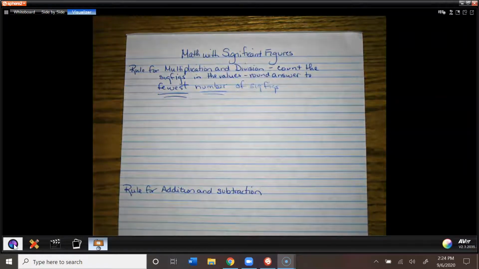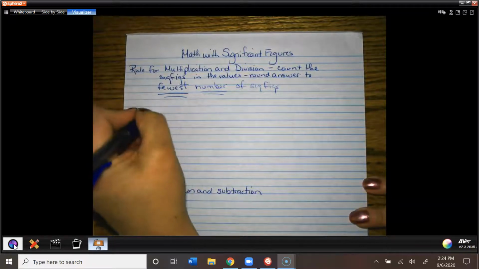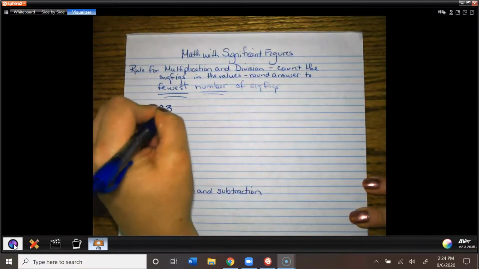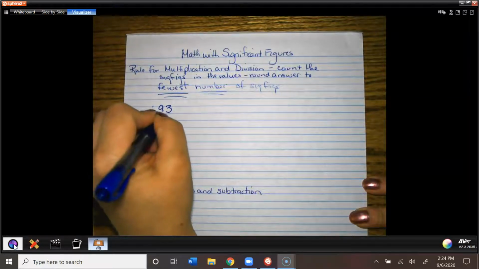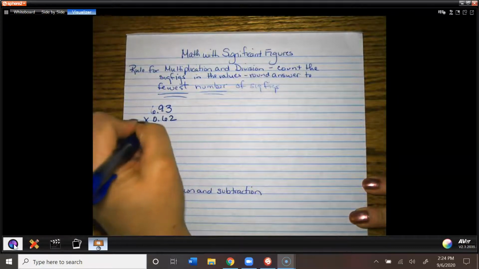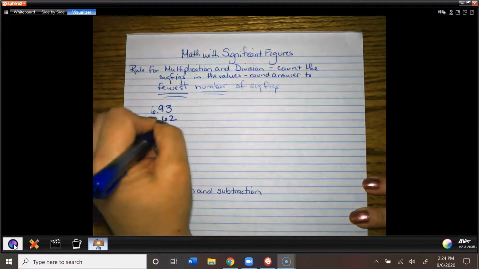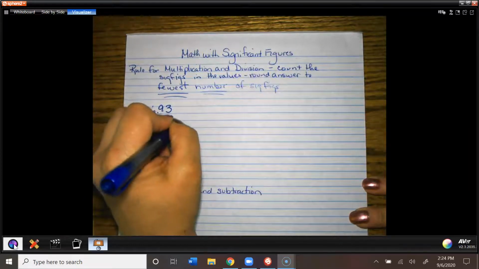Great. An example would be if I'm going to multiply 6.93 by 0.62 by 9.348.